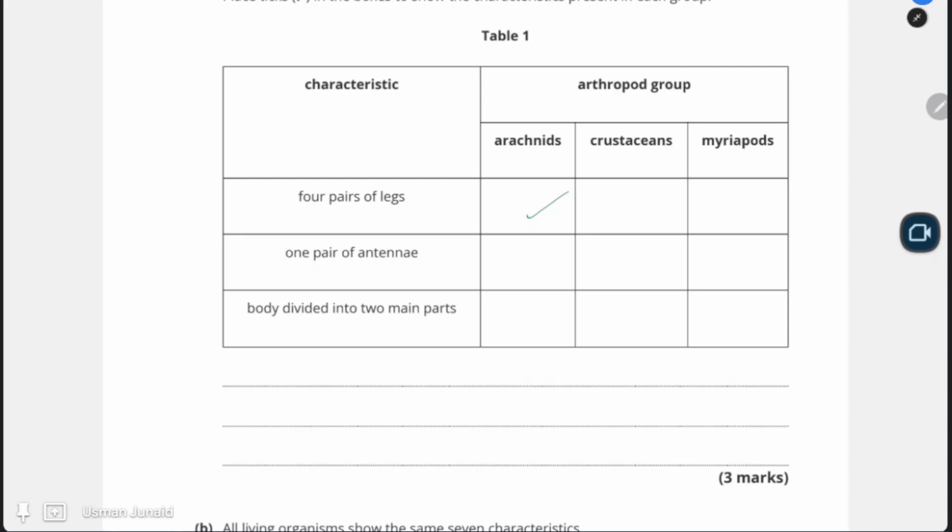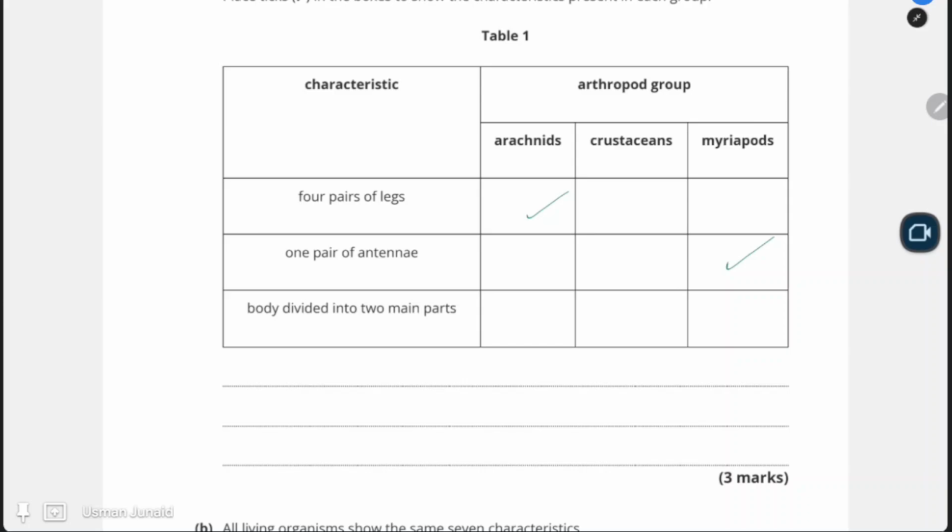And when we're talking about antennae, which one has antennae? Myriapods. Okay, myriapods have antennae. Yeah.